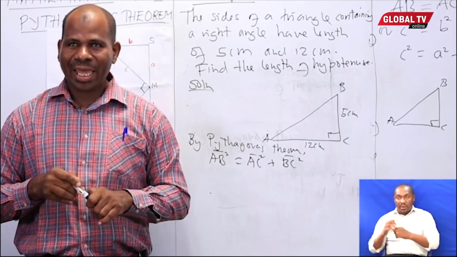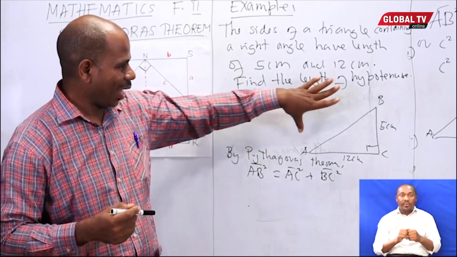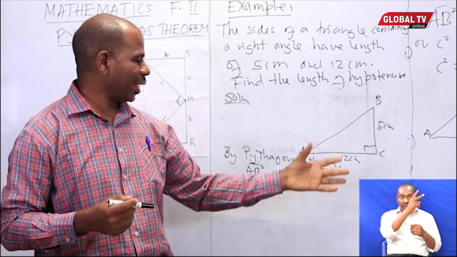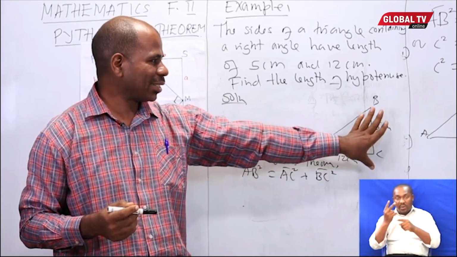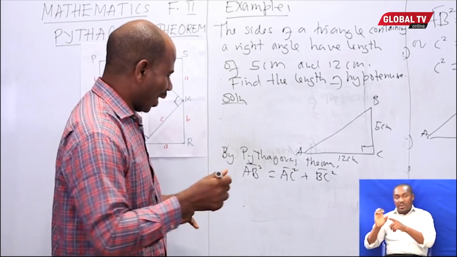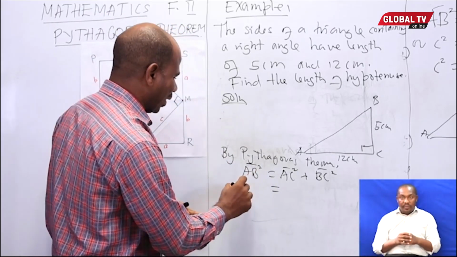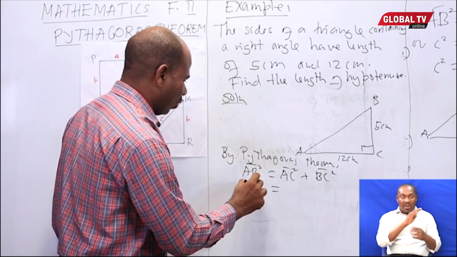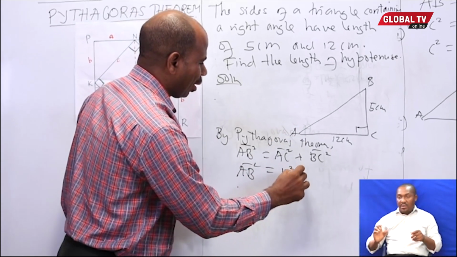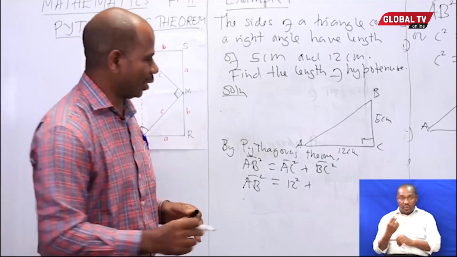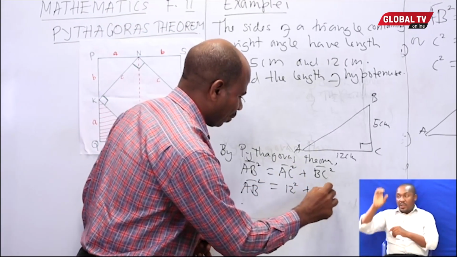Again, AB squared, the hypotenuse squared, is equal to AC squared, one of the sides, plus BC squared. AB squared is unknown, which is the hypotenuse, and AC squared is 12 squared. BC squared is what? 5 squared.